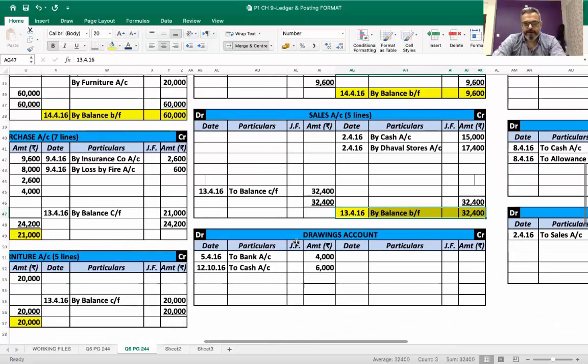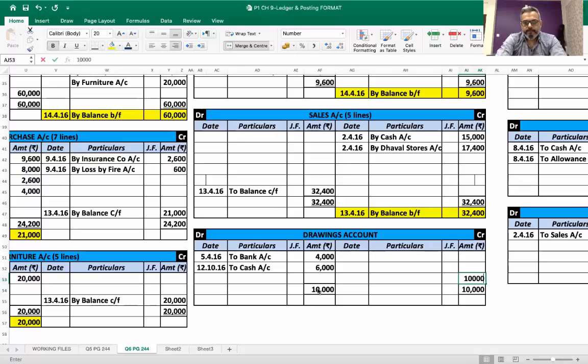Sales always credit, drawings will always be debit balance. So debit 10,000 is more. By balance carried forward. To balance brought forward.